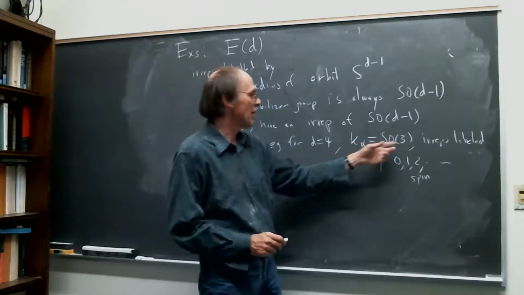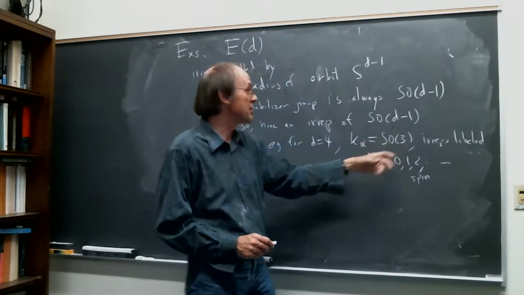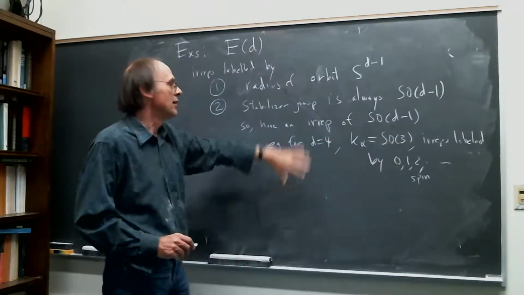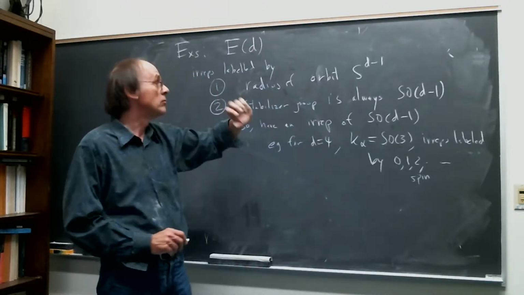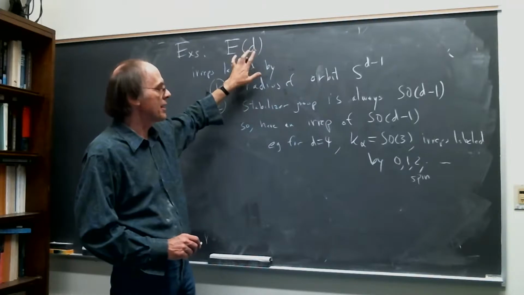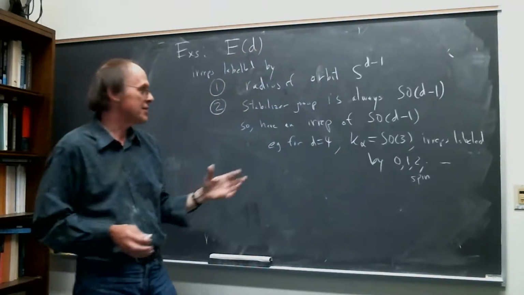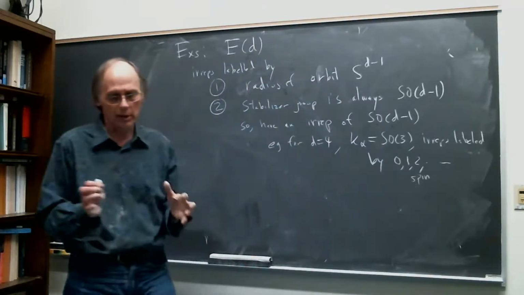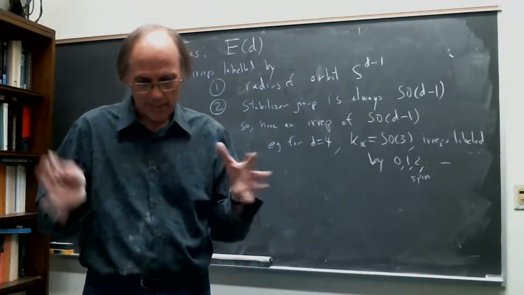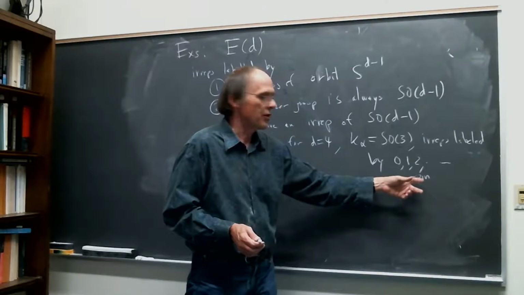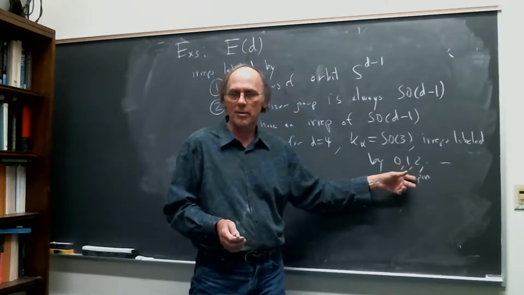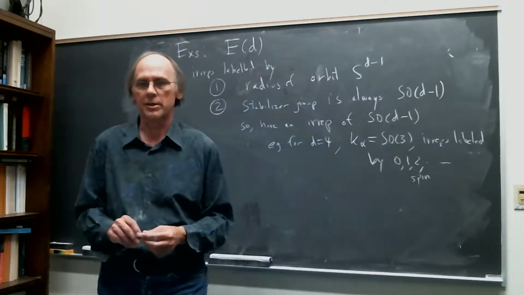But once you know the representation theory of the SO(d) groups, you know how to label all the irreducible representations of these E(d) groups. And you can always give these a physical interpretation: they are the state space for free particles with a certain kind of internal spin, or a generalization of that to higher dimensions.